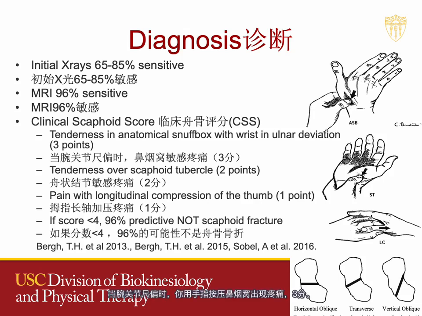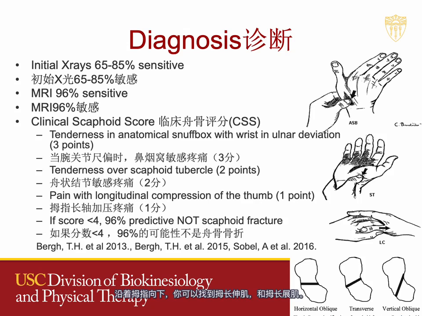If you put your finger in what's called the anatomical snuff box of the wrist with ulnar deviation and there's tenderness, that's 3 points. If you look at that top picture, the anatomical snuff box is essentially this hole.